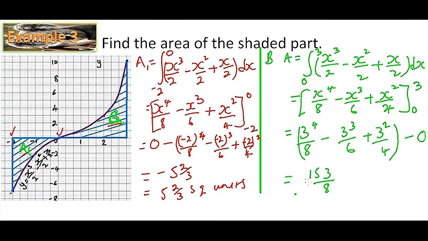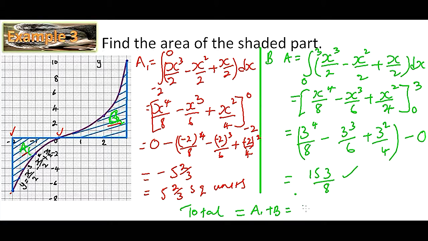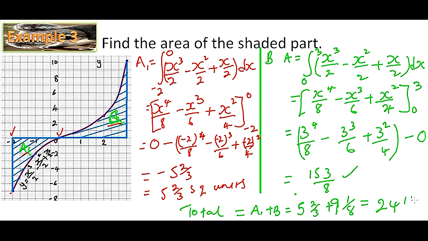Now this is the first area, and this is the second area, and therefore we say that total area is equal to A plus B, which is equal to, when you add 5 and 2 that, you add to 153 over 8, you get 9 1 over 8, that will give you 24, 19 over 24. So that is the total area that is shaded in our diagram.